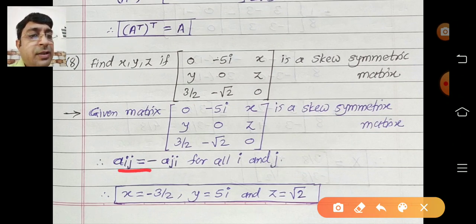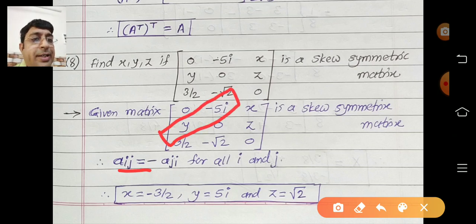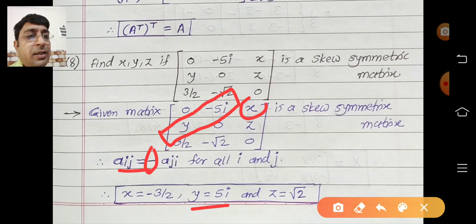So first one, these two positions we compare. So y is equal to what? Minus 5i, but actually condition Aij equal to minus Aji, I should change the sign. So y is equal to what? 5i. Next one, compare the x and this 3 by 2.